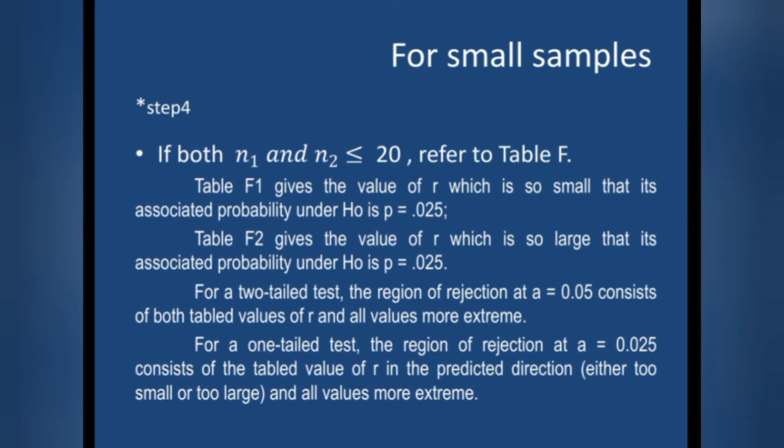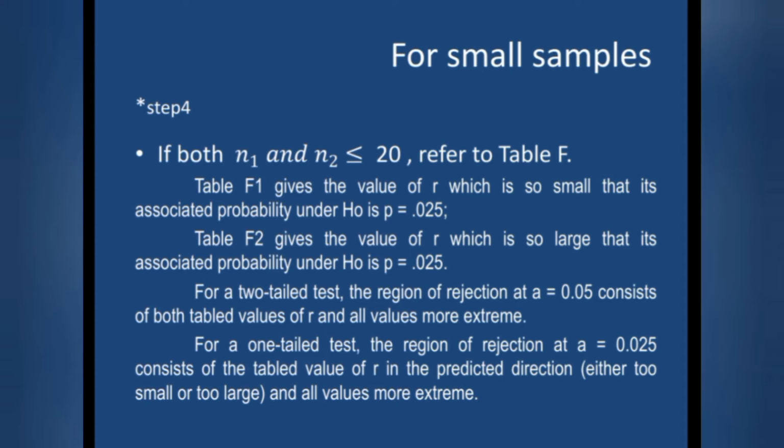For small samples, if both N1 and N2 are equal to or less than 20, then refer tayo sa Table F. Table F gives the critical values of R under the null hypothesis for alpha equals 0.05. These are critical values from the sampling distribution of R or runs under the null hypothesis.